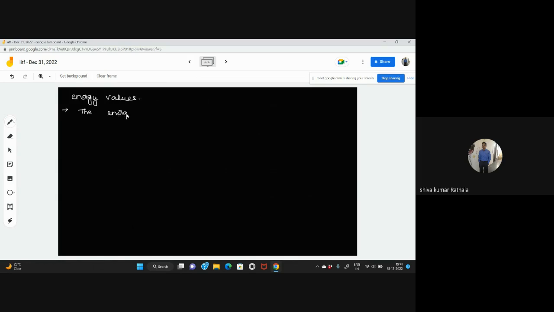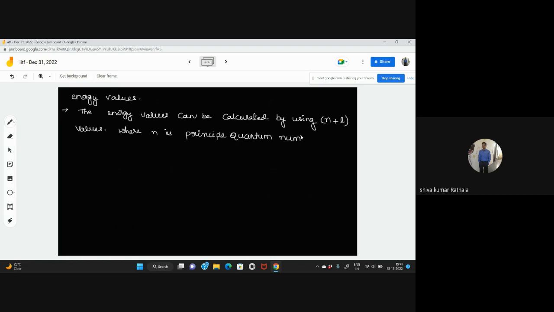The energy value can be calculated using the n plus L values, where n is the principal quantum number, and L is the azimuthal quantum number.